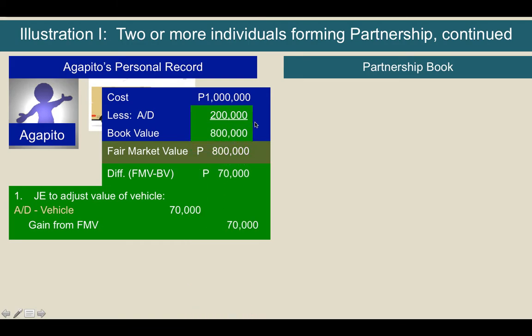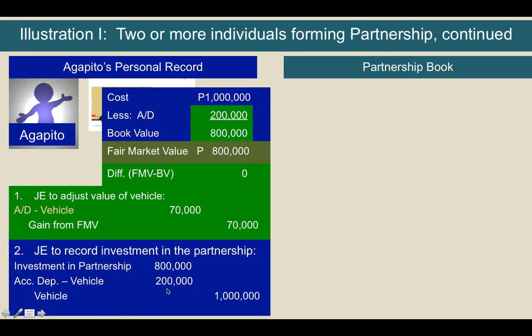So the book value now will be 800,000. After this adjustment, there is no more difference. The book value now reflects the fair market value.